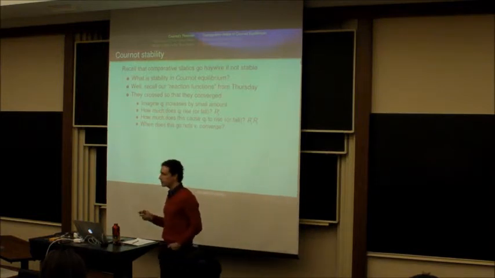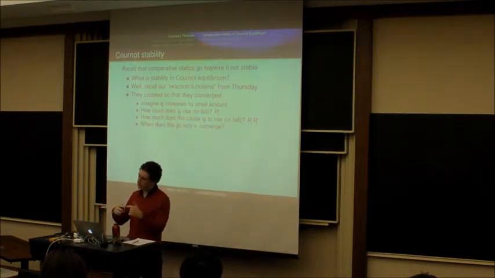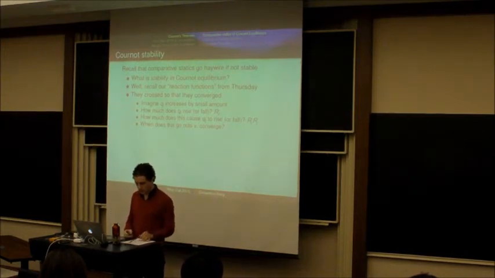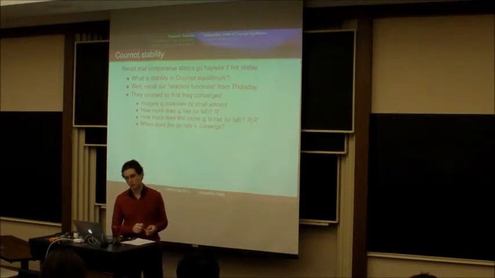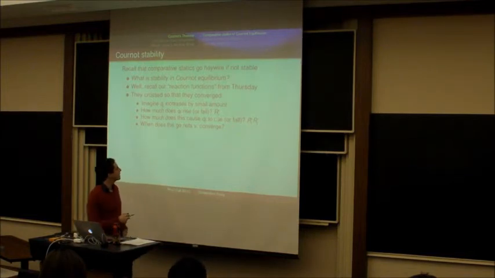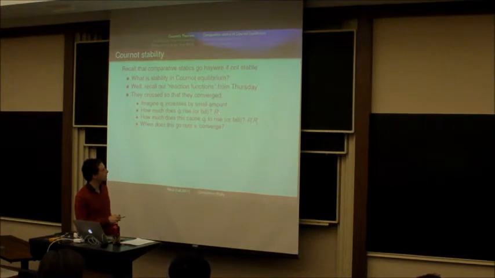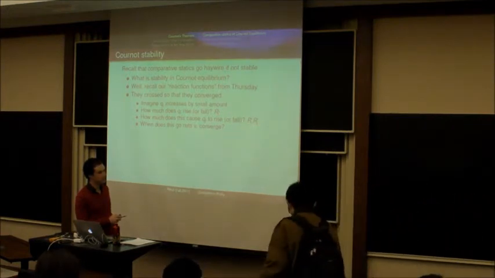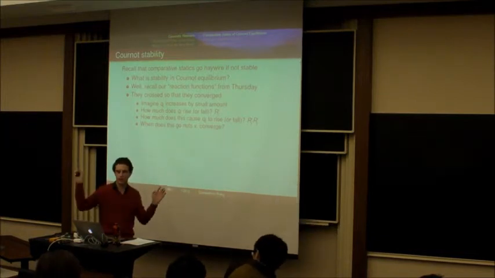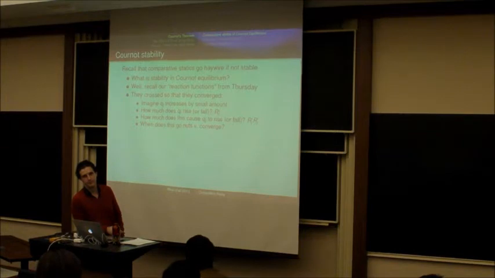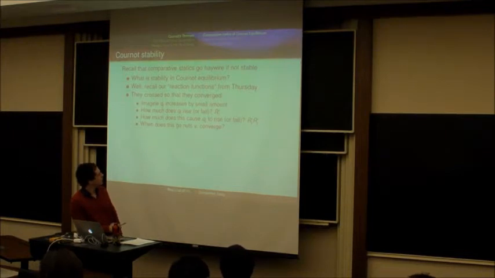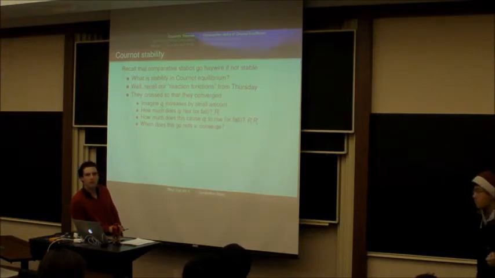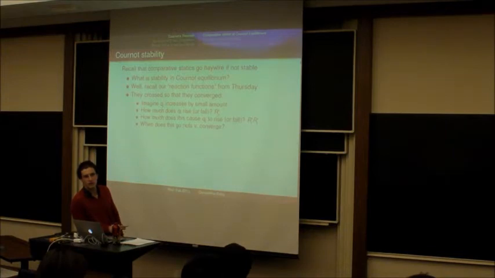So when is this going to converge? When is this going to lead things to actually slow down eventually? If Qj increases by 1 unit on the first round and then changes by this much on the second round, under what conditions will that eventually decrease, and under what conditions will that blow up?